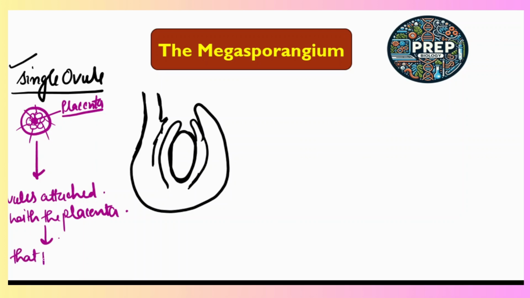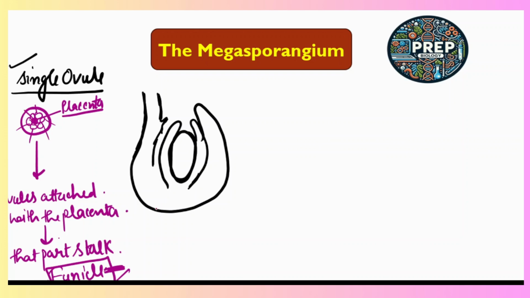That stalk is called the funicle. This part is very important. What is funicle? The stalk by which the ovule is attached to the placenta is called the funicle.